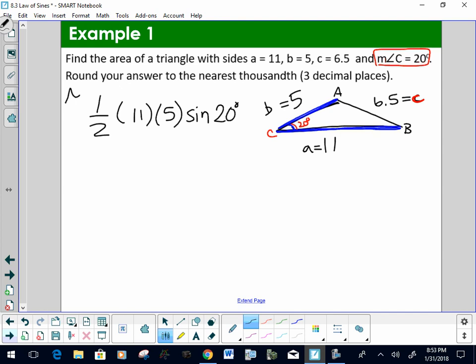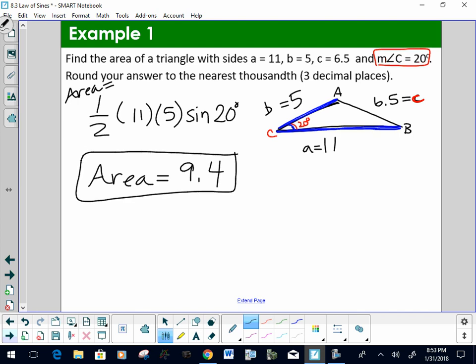That's going to give us the area. So if we calculate that, gotta grab my calculator. We get that the area of the triangle is 9.4 units squared.